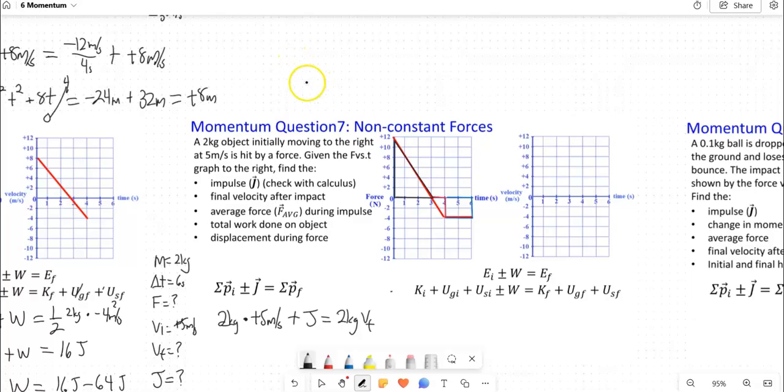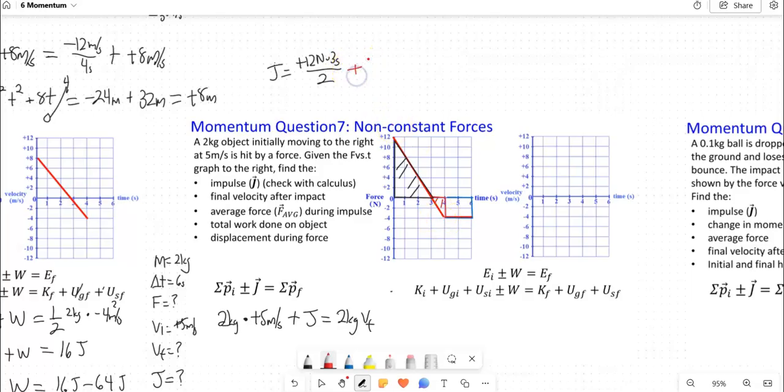Let's do this this way. So the area of the black line, which is going to be impulse, that's going to be this triangle, which is positive 12 times 3, but it's a triangle, so divided by 2. So positive 12 newtons times 3 seconds divided by 2. So that's this first area right there. Now we have this red area, which is over the period of 1 second, and it's -4.